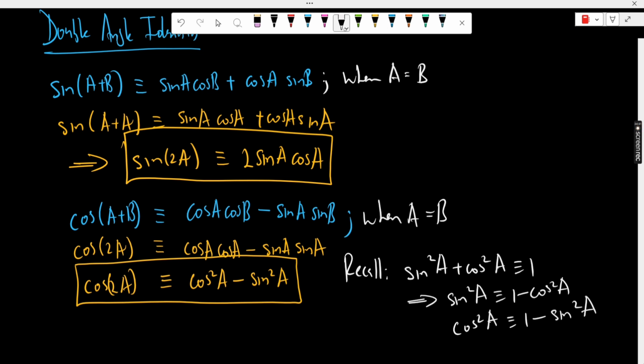So what we'll do is we'll substitute first for sine squared A into this double angle formula, and then for cos squared A, and we'll get two further versions of this trig identity. All right, let's do that.